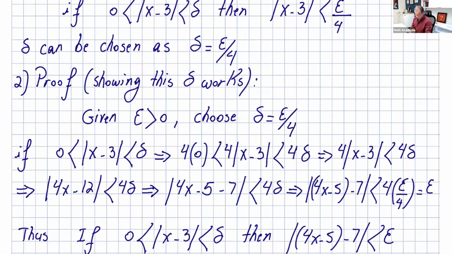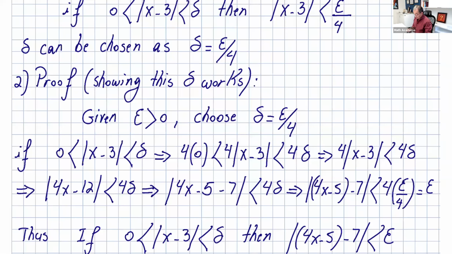So you want to see if that works. We start like this: if the absolute value of x minus 3 is between 0 and delta, then if you multiply all sides by 4, 4 times 0 is less than 4 times the absolute value of x minus 3, and that's less than 4 times delta.